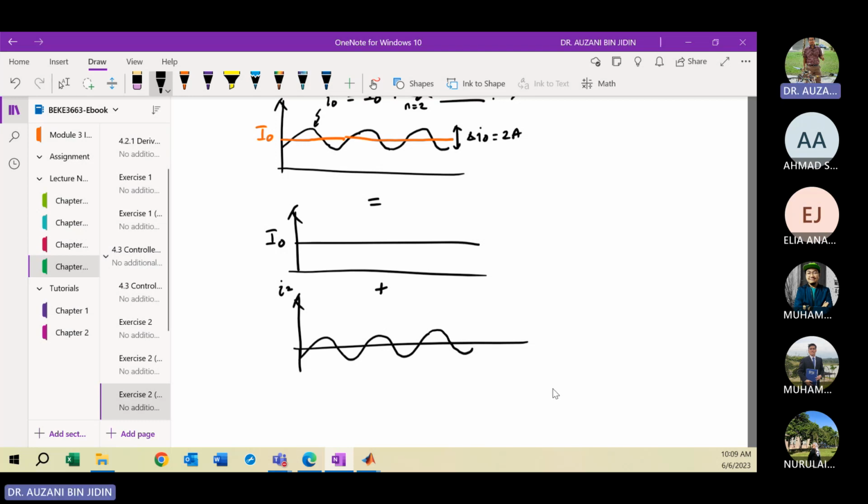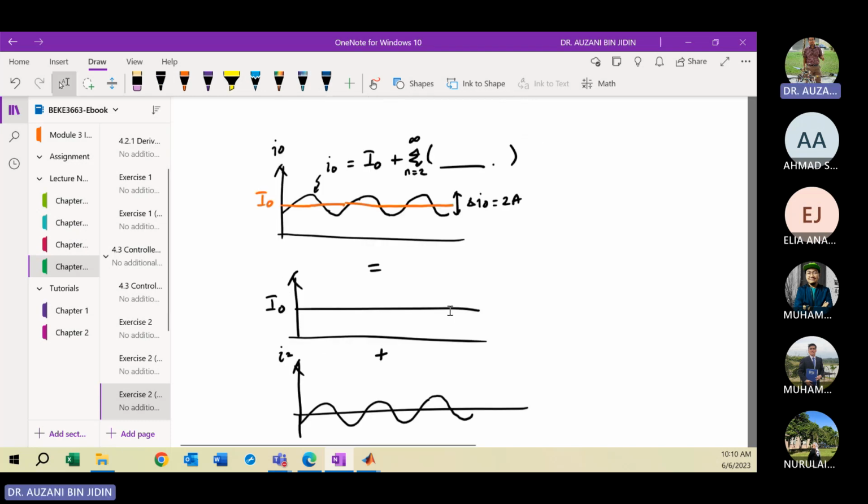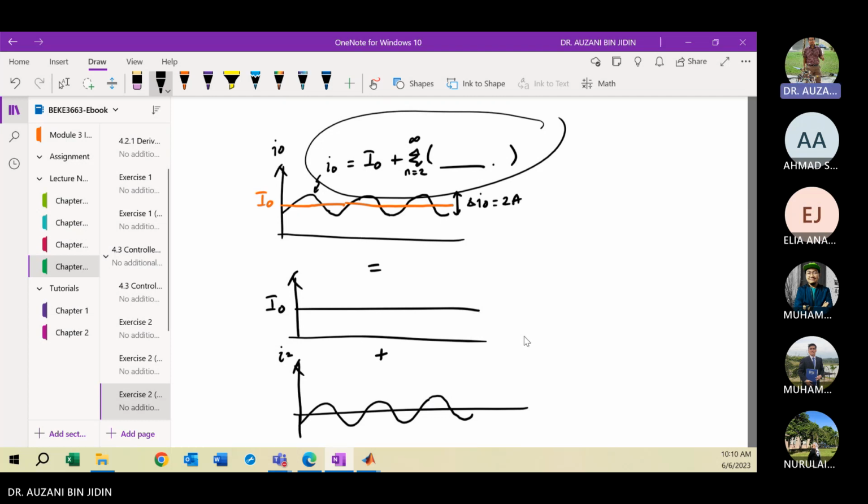We ignore the higher harmonics components, I4, I6, and I8 until infinity, because their values are too small and can be neglected. So the current ripple is mainly determined by the first AC current, which is I2. Do you see? The Fourier series is the summation of the average component plus the first AC term I2, where the higher harmonics I6, I8 we ignore because the values are too small. Okay?